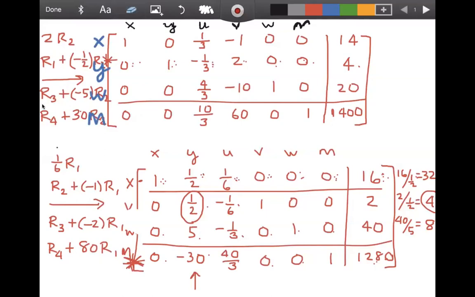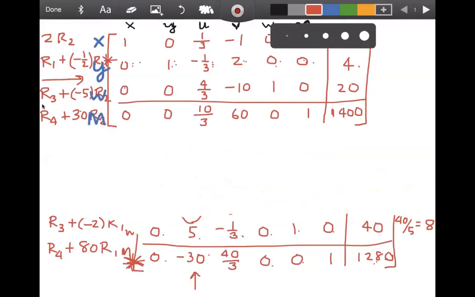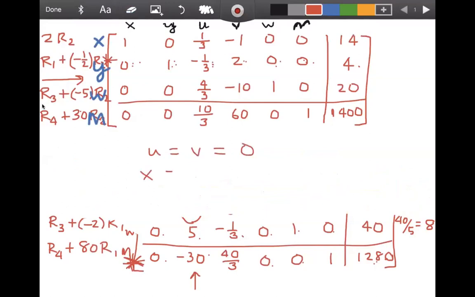All right, so let me just make a little bit of room down here. This simplex tableau corresponds to U and V equaling 0, X equals 14, Y equals 4, W equals 20, and M equals 1400.